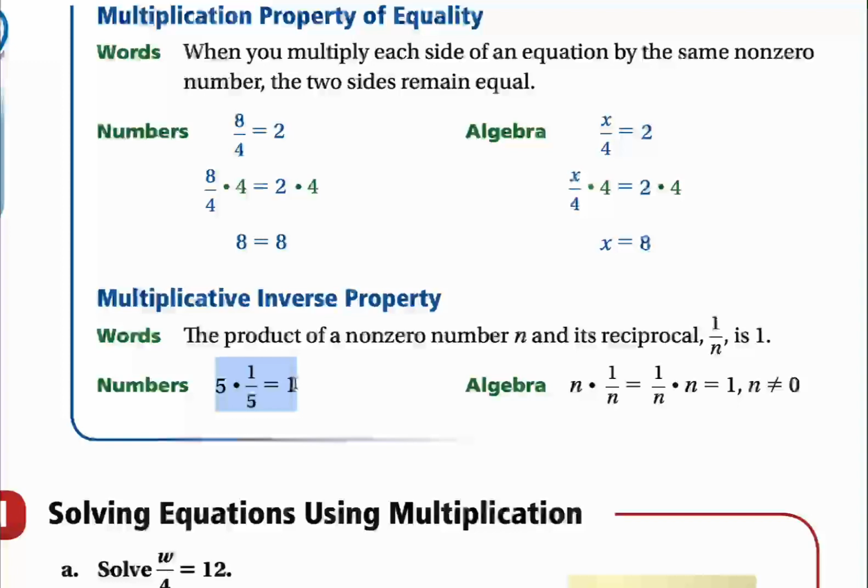So for any number n, n multiplied by 1 over n equals 1, and the same, 1 over n multiplied by n equals 1. But you should notice that n couldn't be 0. Why can we not use 0? Because you cannot use the number 1 over 0. So, as you see, 1 over n, we cannot use n as 0.